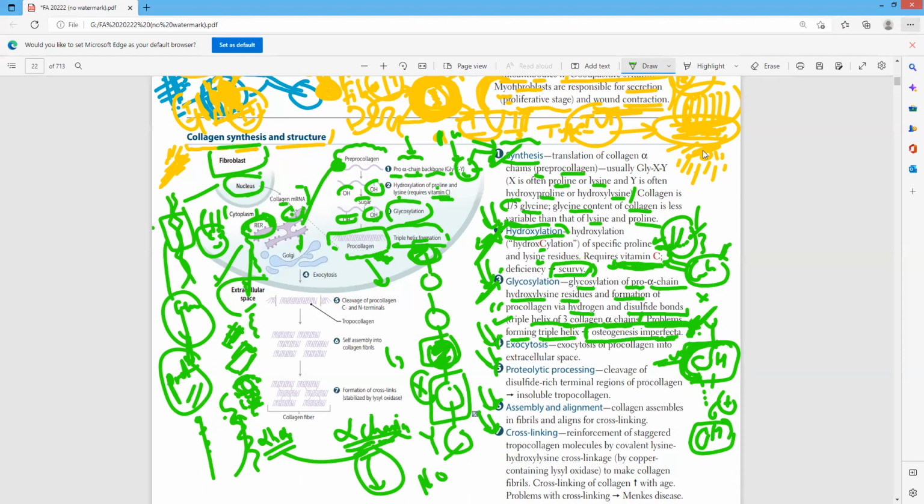So it will go to the Golgi apparatus, and then exocytosis, exo out of the cell. This is exocytosis to the extracellular space. Okay, here, exocytosis of procollagen in the extracellular space. You will find that at the N terminus and C terminus, many disulfide bonds between the sulfur and sulfur, so it is called disulfide bond.